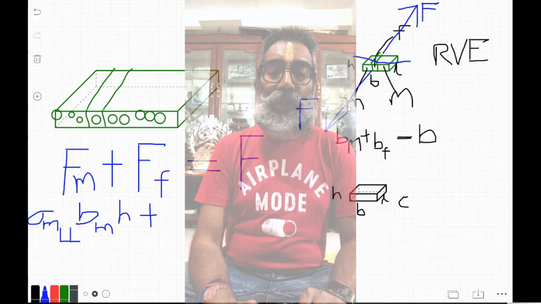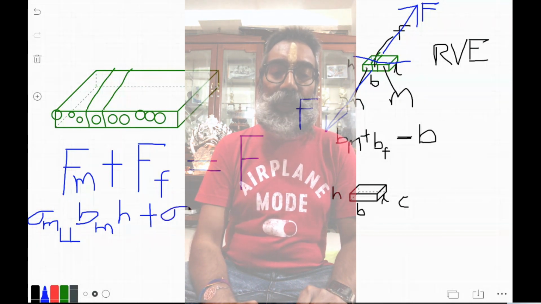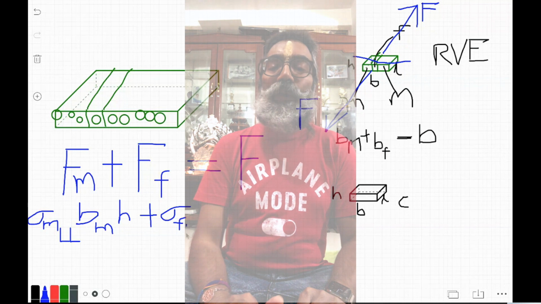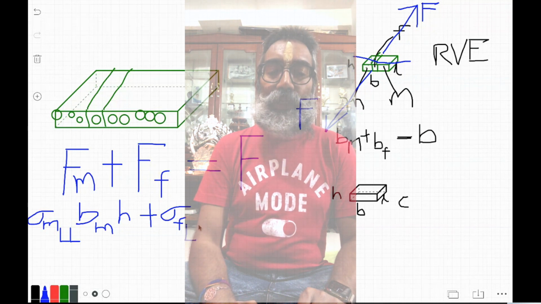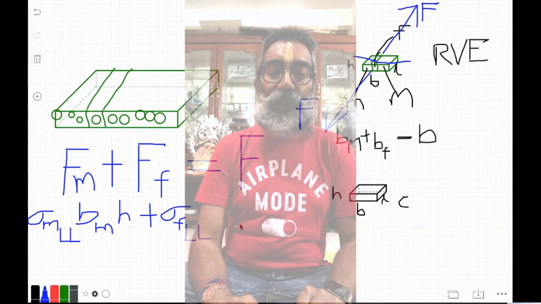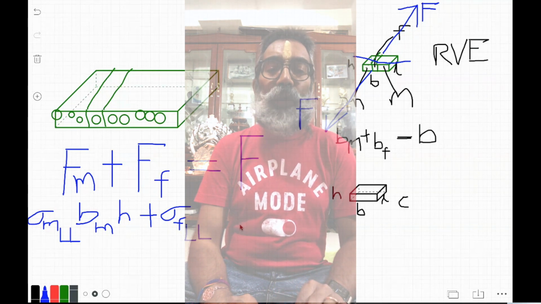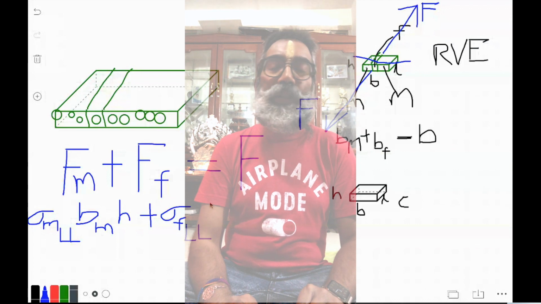Very similarly, the force that is there in the fiber is now going to be given by the stress in the fiber, which we will call sigma F, but now it is again in the direction L along the plane L. So once again, that is the stress that we are looking at. In some examples, you could call it sigma 1, we'll call it sigma LL, but in the fiber.